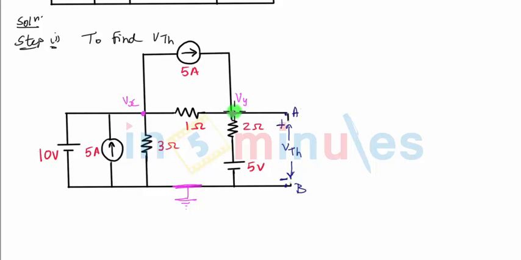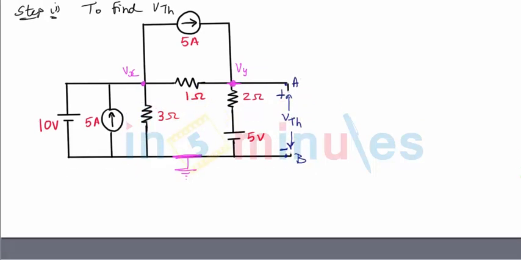In other words, it's a voltage between point A and ground, which is also point B. So Vy becomes voltage between point A and B, and hence it is nothing but equal to VTH also, because VTH is also the voltage between the 2 points A and B. So in simple words, all I have to do is find Vx, Vy, and later on we will simply call Vy nothing but VTH. So this is going to be a simple analysis.